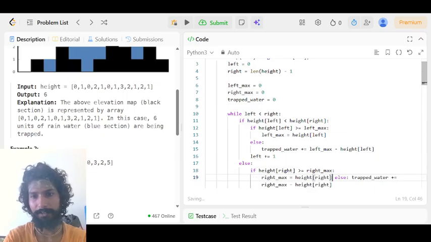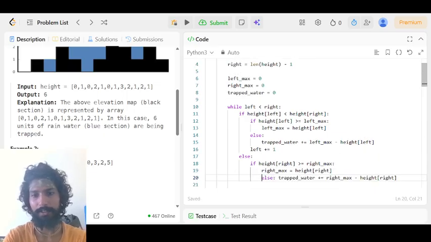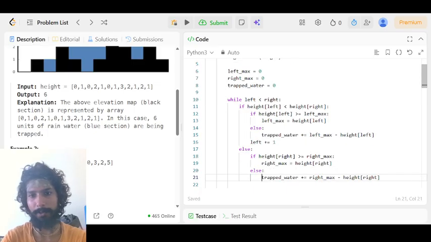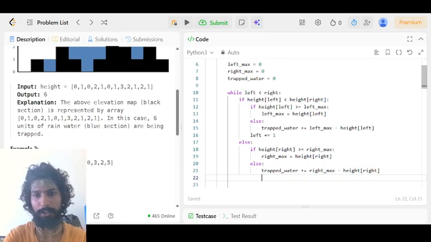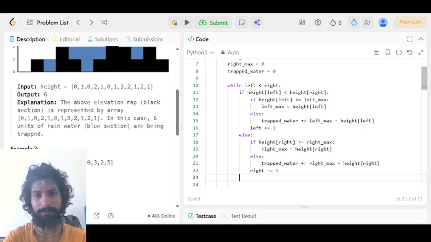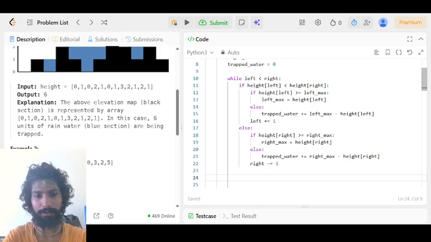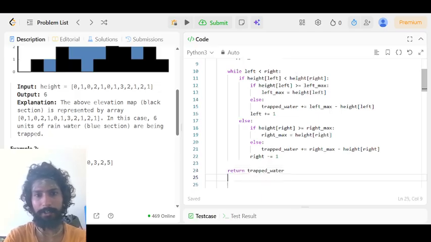If it is, then right max equals height of right. Else, trapped water plus equal right max minus height of right. And finally, we decrease right by 1, and we return the trapped water. So this will be more clear once we look at the dry run.